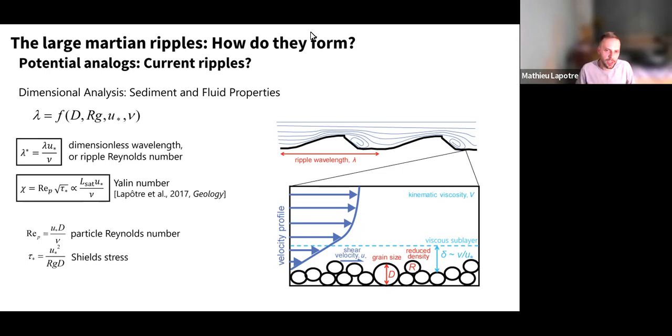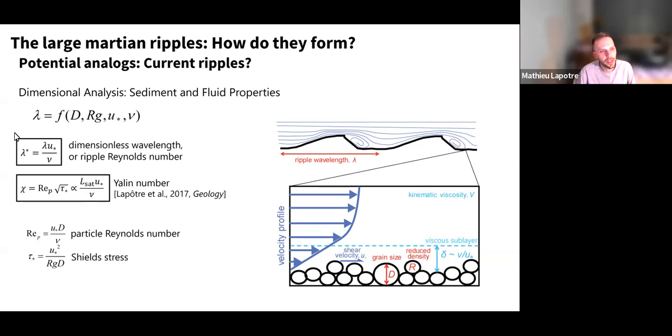The first dimensionless quantity that we chose to use is a dimensionless wavelength, here lambda star, which is defined as the wavelength of the bedform lambda, divided by the ratio of the kinematic viscosity of the fluid to the shear velocity of the flow, which is in turn a proxy for the thickness of the laminar viscous sublayer in the stream.